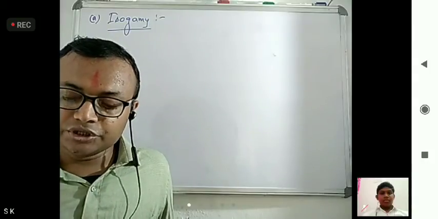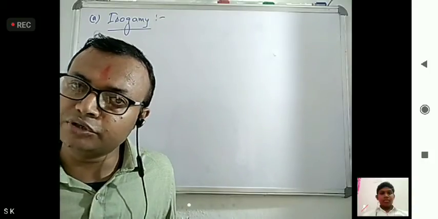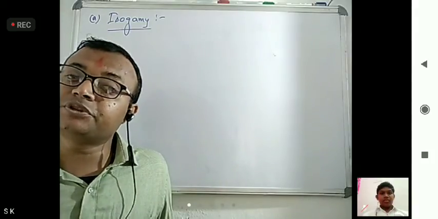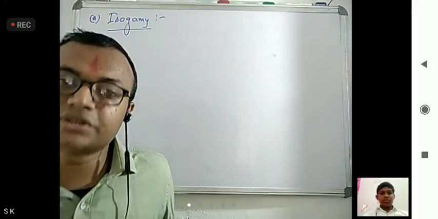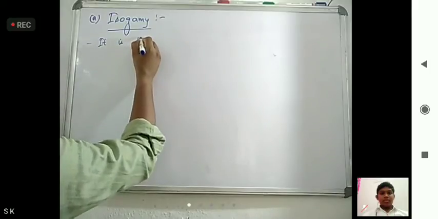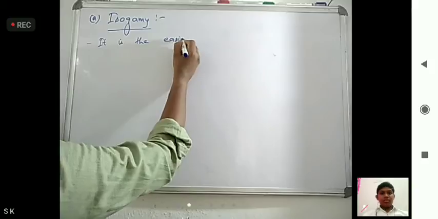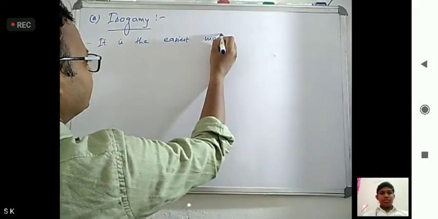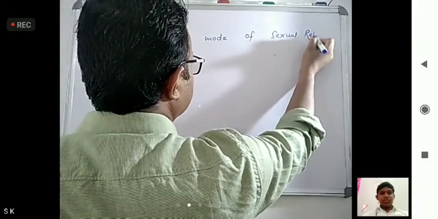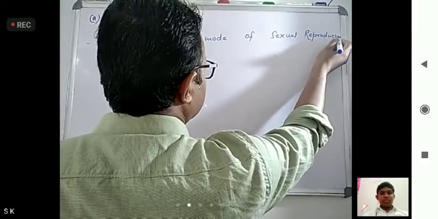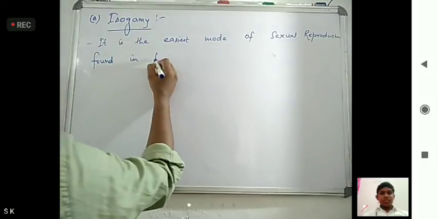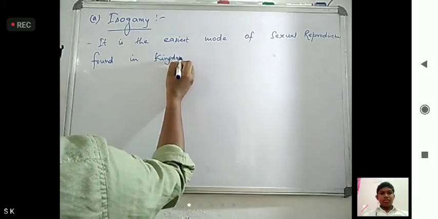But physiologically, physiology means functionally, they may be similar or different, but shape, structure, form must be the same. So it is the easiest mode of sexual reproduction found in kingdom Protista.